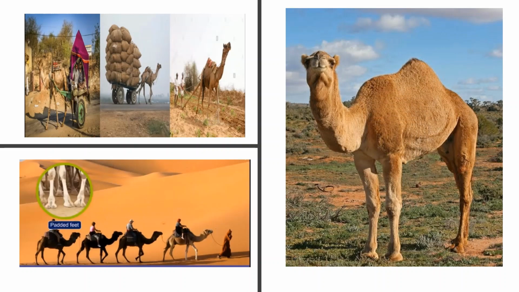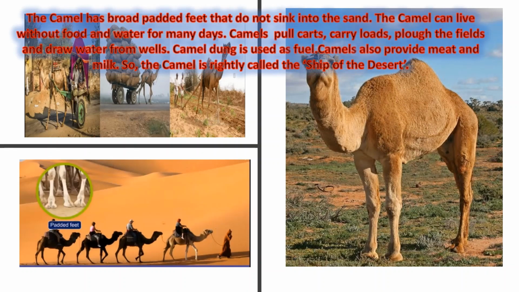Yes, children, this is a picture of a camel. Traveling in the desert is difficult and possible only on the camel. The camel has broad padded feet that do not sink into the sand. The camel can live without food and water for many days.